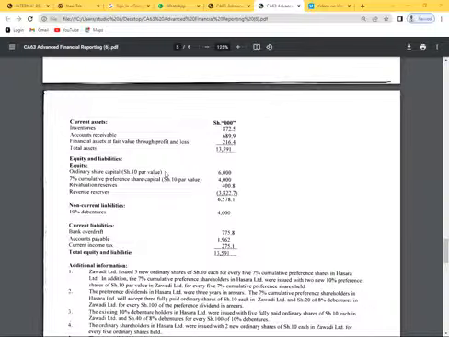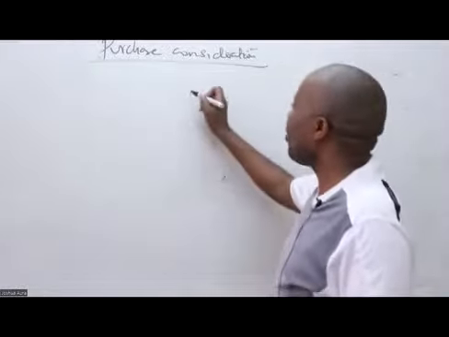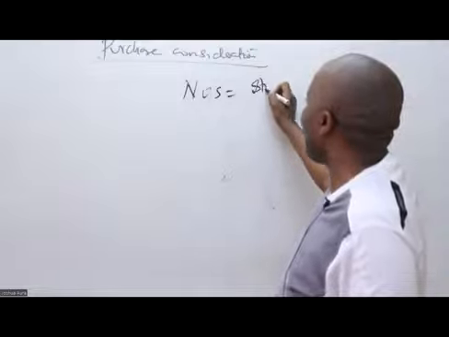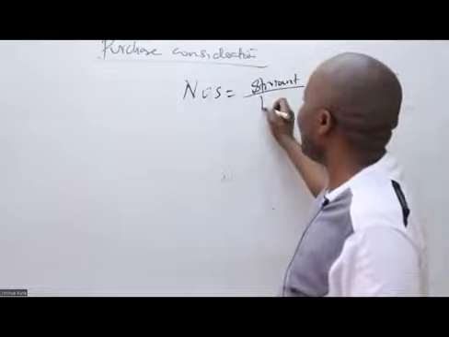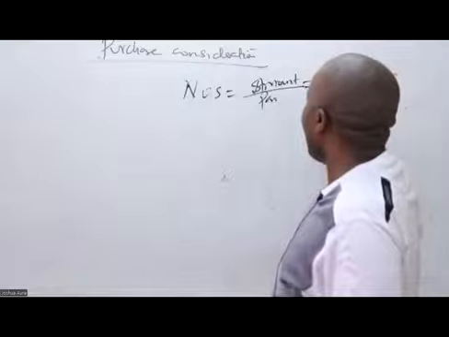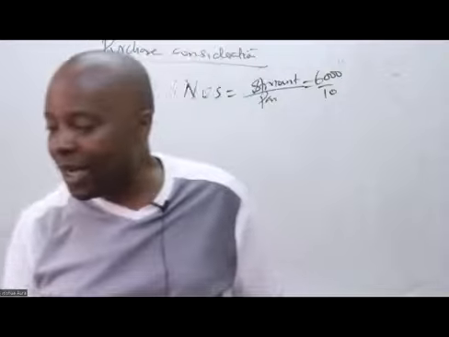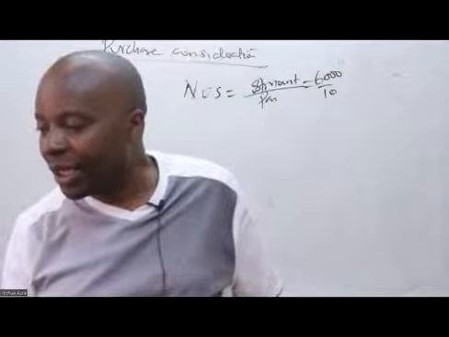To get number of ordinary shares, you take the amount provided and divide it by the par value. So here we have 6,000 divided by 10. And you normally do that for every instrument provided.